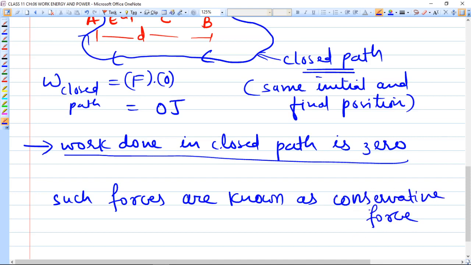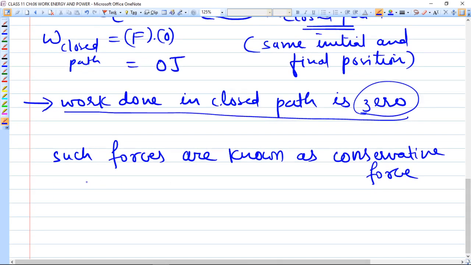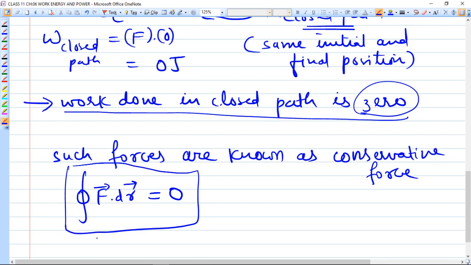The force for which work done in closed path is 0. Mathematically, if I write, then closed path, this is the symbol of a closed path, F bar dot dr bar is equal to 0. Such force is known as the conservative force, because initial and final position are the same.